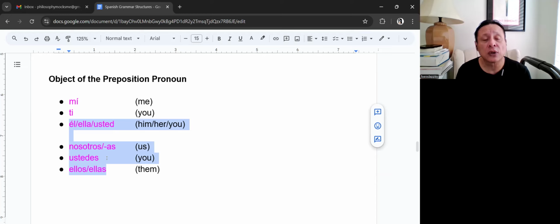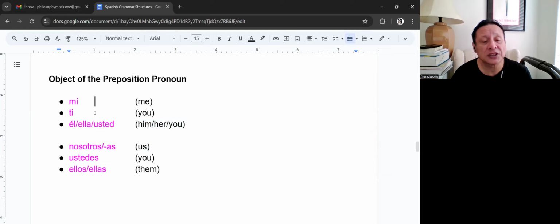So the only change you have to make is change the me and the te to mí and ti, and that's an easy change. You're like, oh, okay, object of the preposition requires me to use an I in the first person singular and the second person singular instead of an E. Okay, that's it. All right, so let's continue.